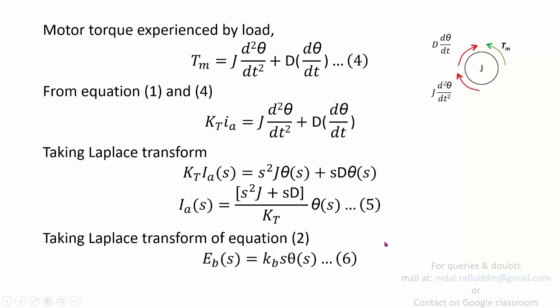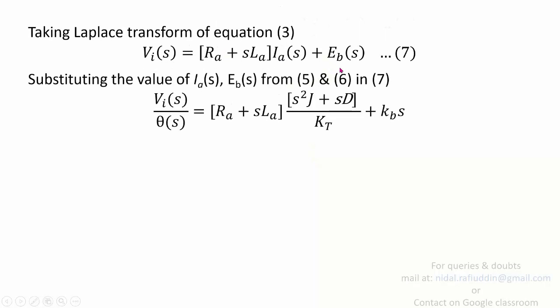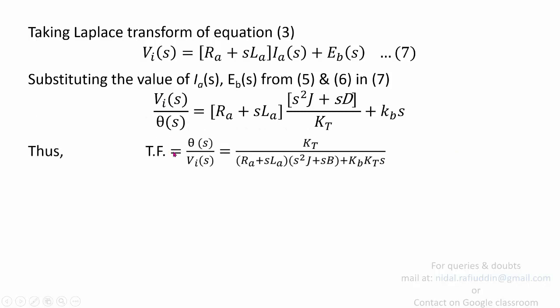If you substitute these two expressions into 7, you replace IA and EB by 5 and 6, and you get this expression. So this is the ratio input upon output. In order to obtain the transfer function, you take the inverse of it to get the final transfer function, which is given by KT divided by RA plus S LA into S square J plus S B, plus KB KT S.